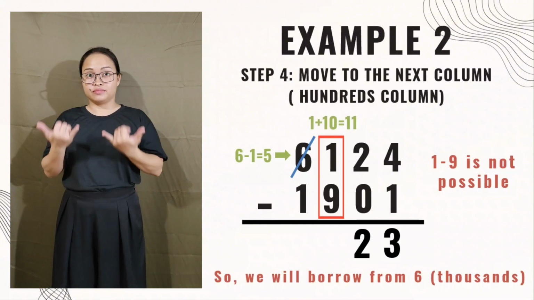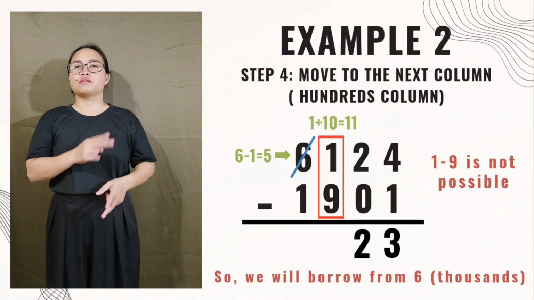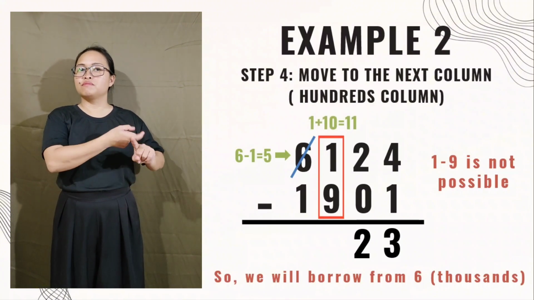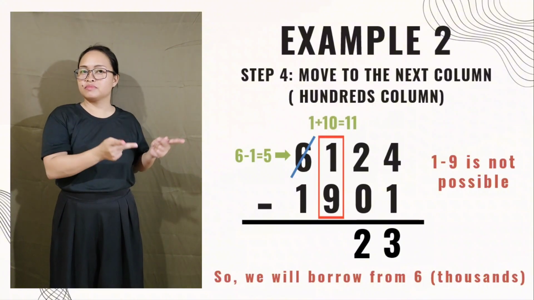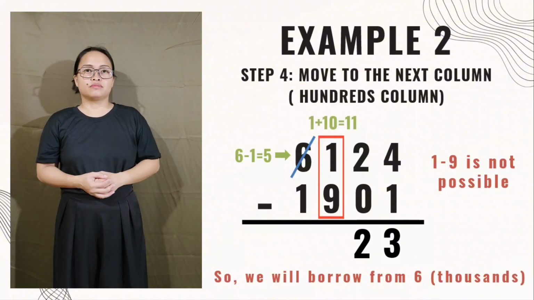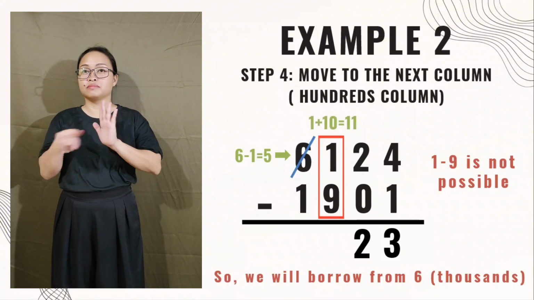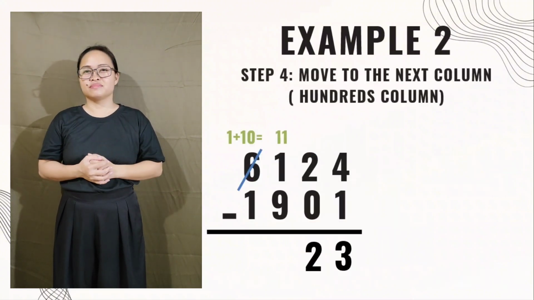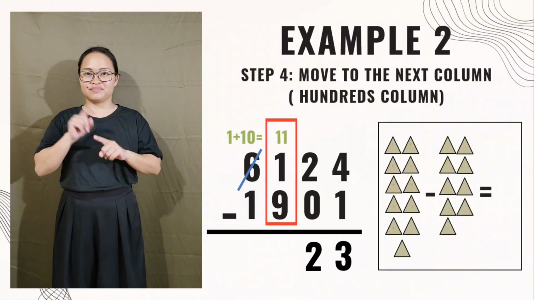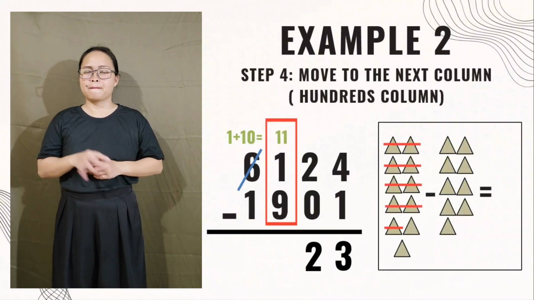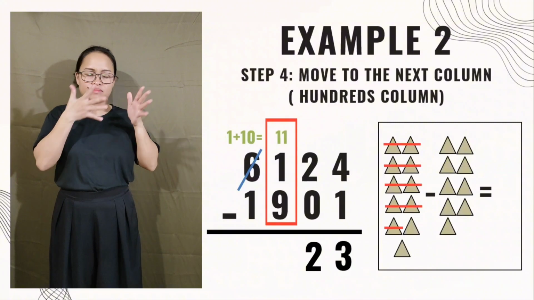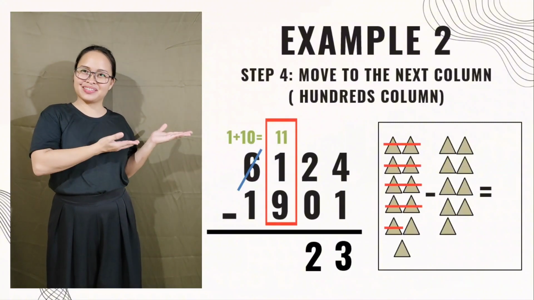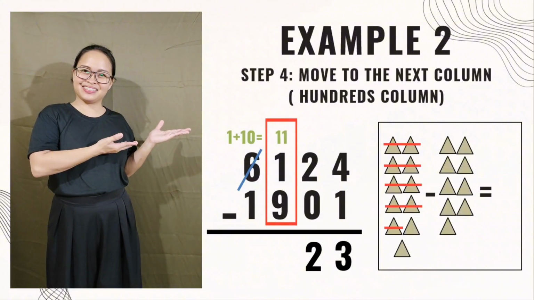I repeat, we need to borrow from thousands place. Now 11 minus 9 is possible, so let's take away 9 from 11 and count how many are left. We are left with 2.